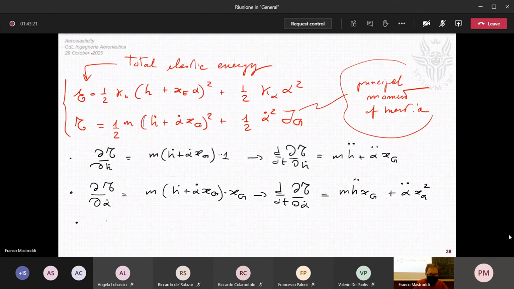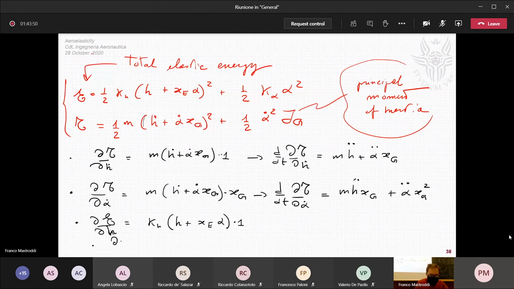As a very final part, we have the derivative of E with respect to h. Look here, and we have kh by (h plus xe alpha) by 1. The derivative of h with respect to h is 1.